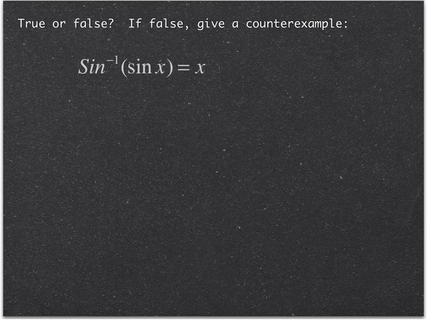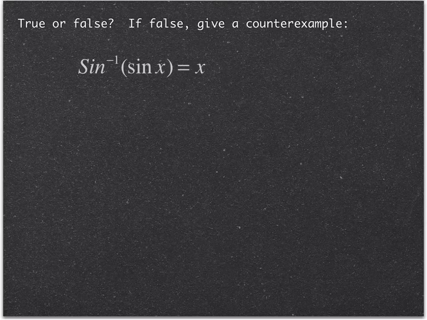Here, true or false, I'll give you a statement, and if it's false, give a counterexample. What we could do with this one: the inverse sine of the sine of x equals x. That's kind of interesting. Let's just pick something familiar and see if we can get it to work out here.